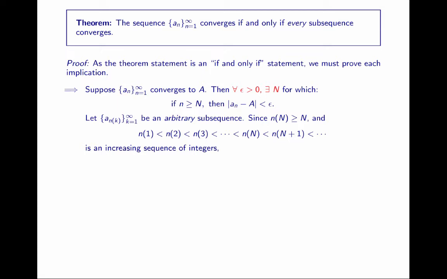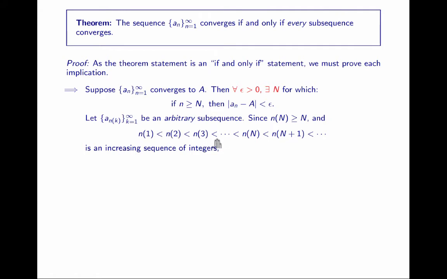So n_N, that is the big Nth entry of my subsequence, has to correspond originally to an entry past or equal to that big N entry. And remember that n_1 is less than n_2, which is less than n_3, right? Remember, these are the indices that I'm sampling from my original sequence.